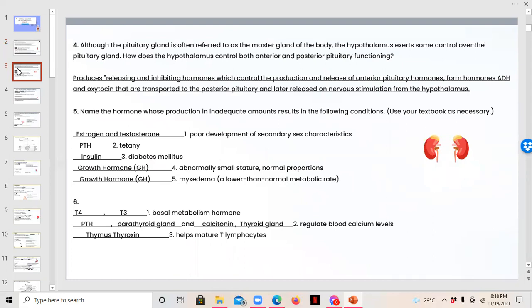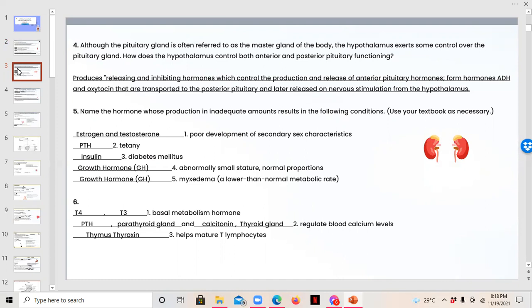Number five. Name the hormone whose production in inadequate amounts results in the following conditions. Number one, poor development of secondary sex characteristics. The answer is estrogen and testosterone.